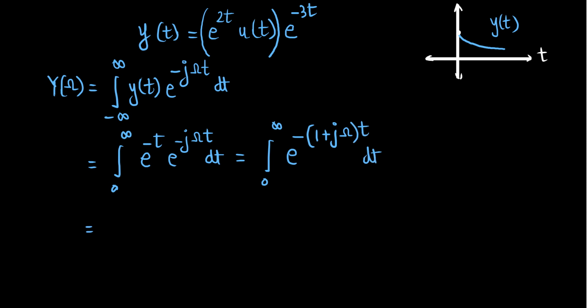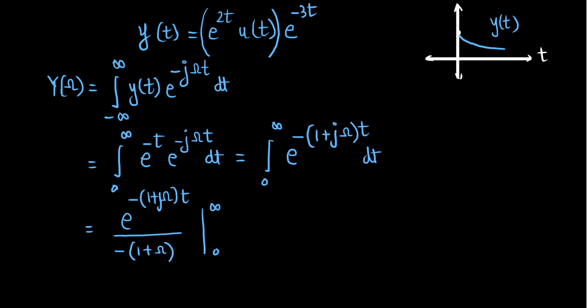This integration is going to be e power minus (1 plus j omega) t divided by minus (1 plus j omega), from 0 to infinity.